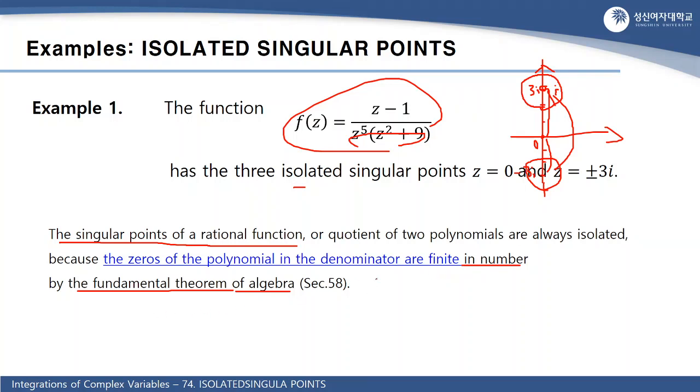So the singular points of a rational function, given by this form, with one polynomial for the numerator and the other polynomial for the denominator here, are always isolated. Okay.